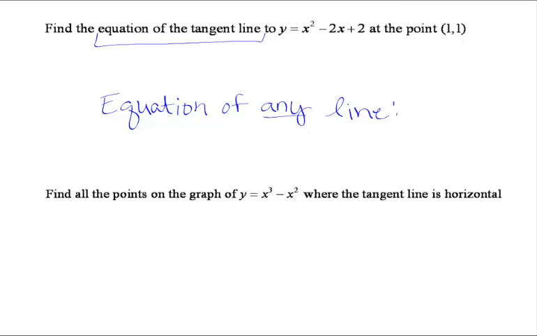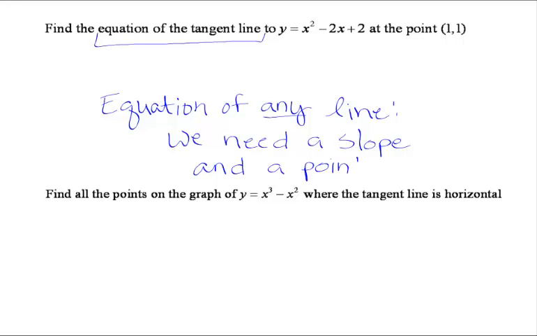For us knowing calculus, we need a slope and a point. That's what we need. Usually, they only give us 1 point. Up to this point, until we learned calculus, the only way that we could find a slope was if they gave us 2 points.